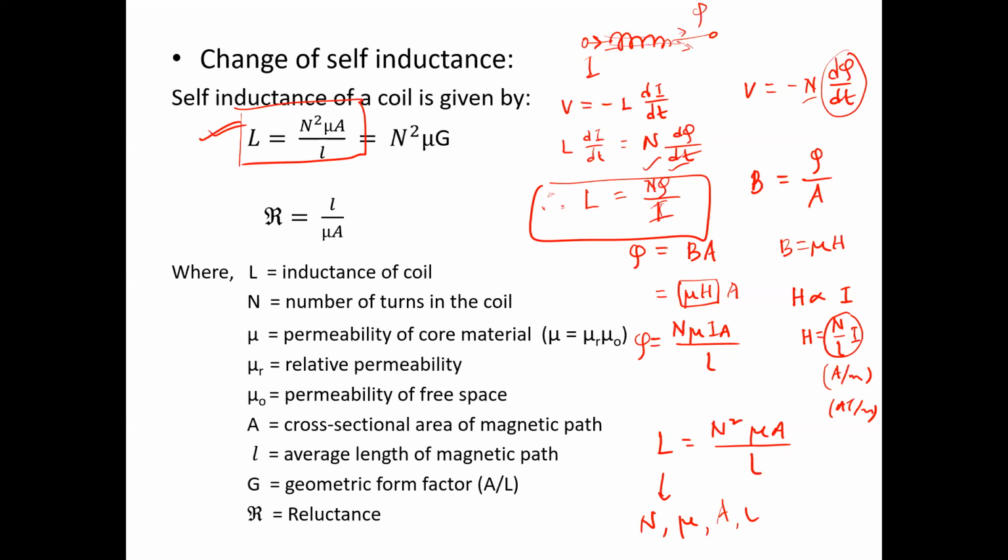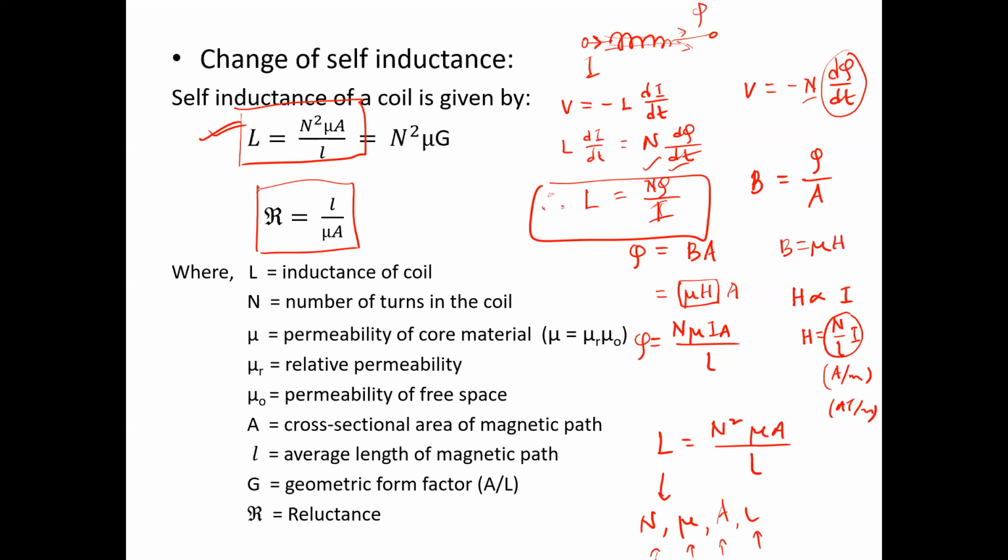So the physical quantity that you want to measure, if that physical quantity is transferred into a change of any one of these quantities, that will eventually result in the change in self-inductance. Another term for magnetic circuits that is very common is the reluctance, which is analogous to the resistance.